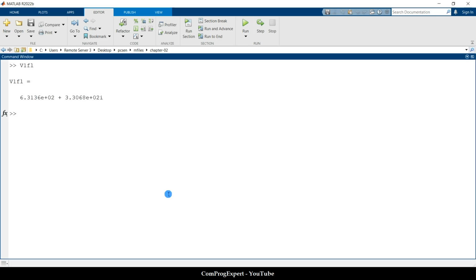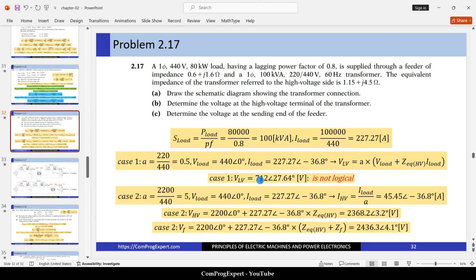What is the amplitude of this? The voltage of the low voltage side for the full load operation is 712. This number, 712. This is the turns ratio. This is the load voltage, the current, and this is the voltage of the low voltage side for the full load operation.